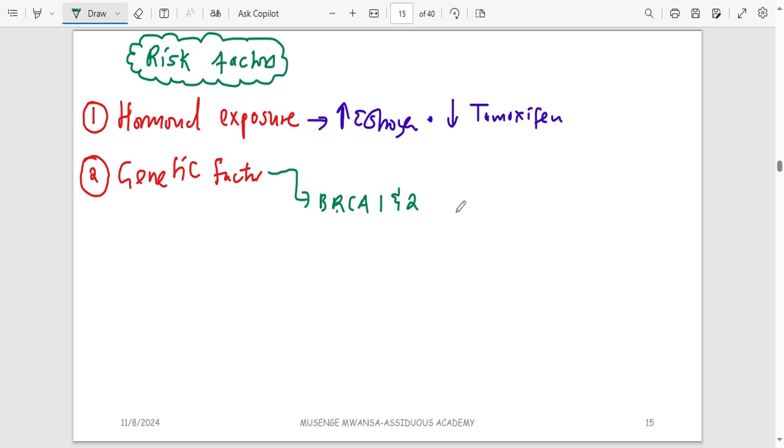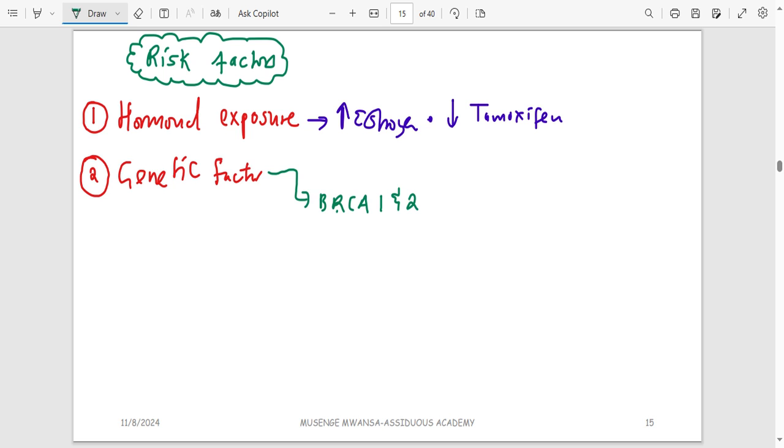So these genes are actually involved in correcting mistakes that happen to the double-stranded DNA. Remember, let's say there is replication and that leads to some form of changes to the double-stranded DNA.